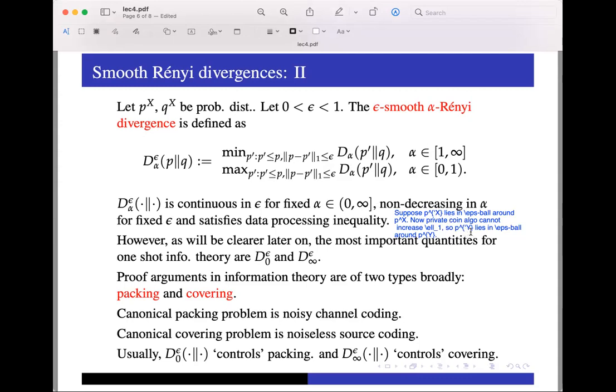So P prime Y lies in the epsilon ball around Py. Remember, Py comes from Px via the private coin algorithm, and similarly P prime Y comes from P prime via the private coin algorithm. And since the private coin algorithm can only decrease L1 distance, P prime Y is a feasible probability vector for the smooth alpha Renyi divergence for Py and Qy.